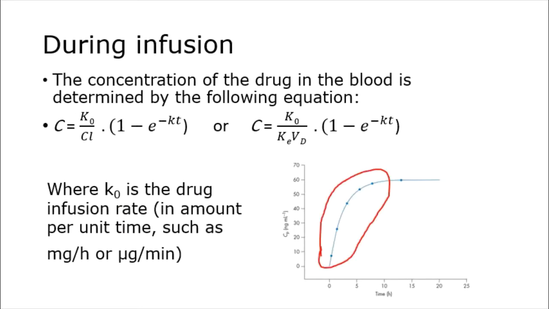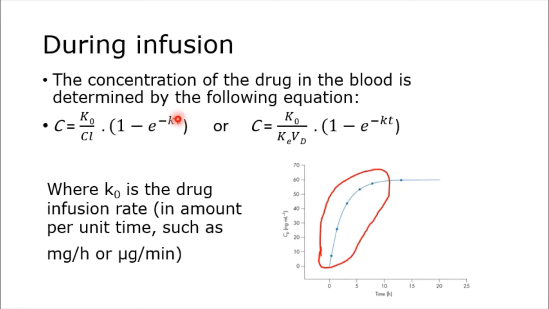Okay, so during infusion time, the concentration of a drug in the blood is determined by the following equation. The plasma concentration at any time during the infusion time, before we reach the steady state plasma concentration, equals the infusion rate, which is the amount infused per unit of time, usually mass per time, over the clearance of a drug multiplied by 1 minus e to the power of minus elimination rate constant multiplied by the time.